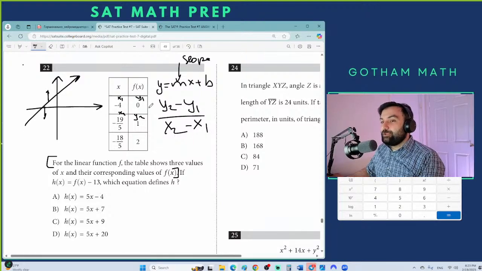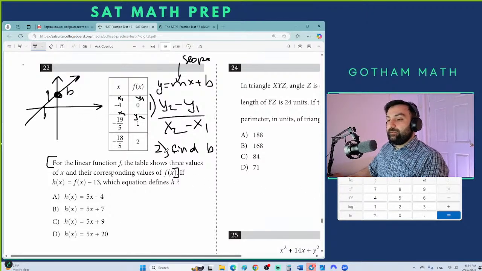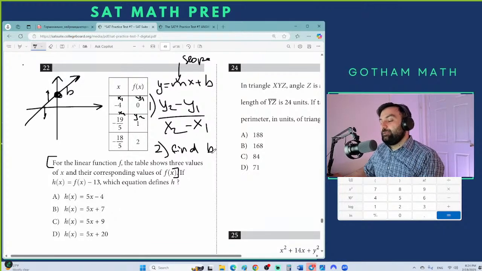And then step 2, so this is step 1. Step 2 will be to find the y-intercept, to find that location, find b. It's called b actually, the y-intercept. And then when we find it, we're basically going to shift it down.